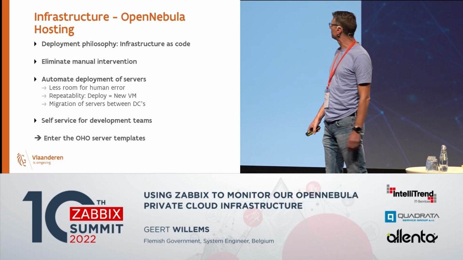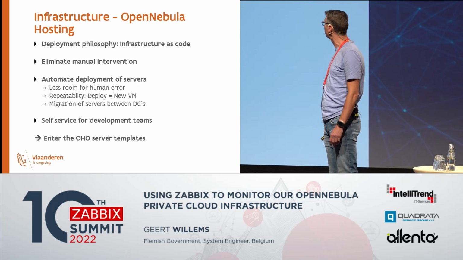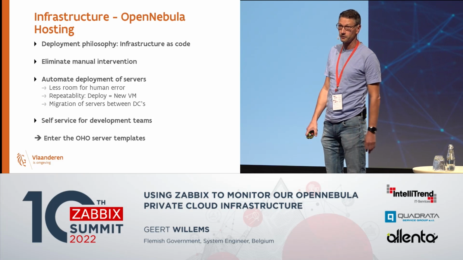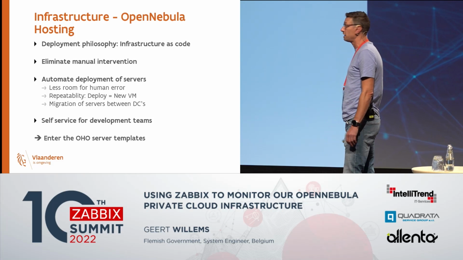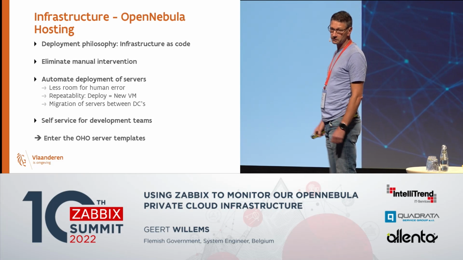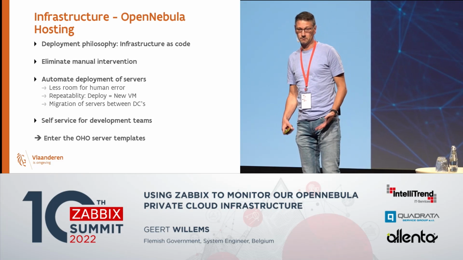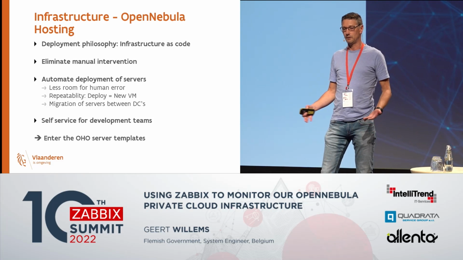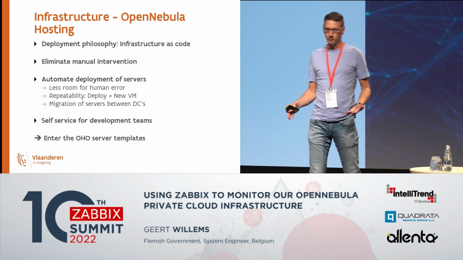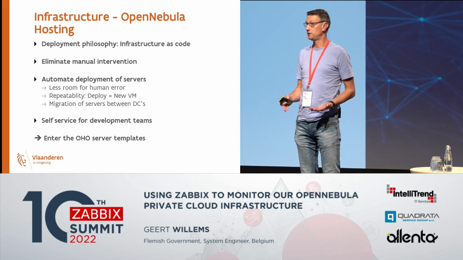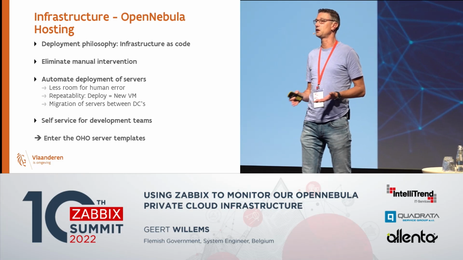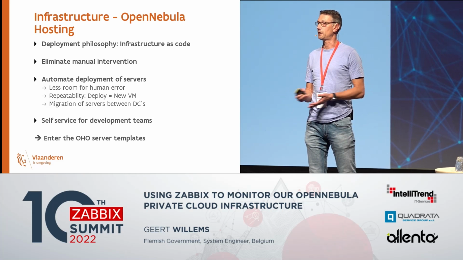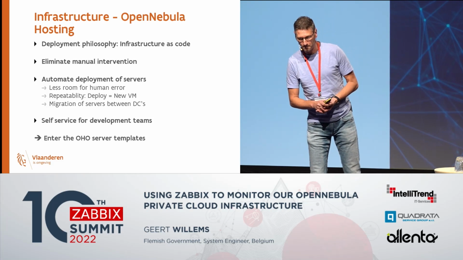We have chosen to use the deployment philosophy infrastructure as code. This eliminates manual interventions. It also automates the deployment process of the servers, and that results in fewer human errors. Repeatability: in our case, each redeploy results in a new VM.